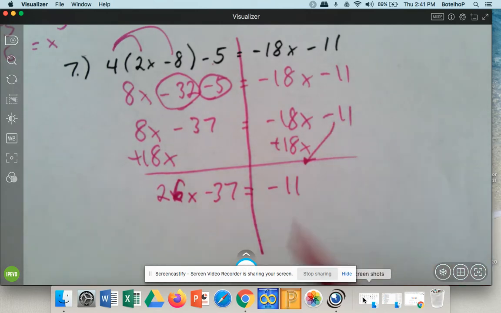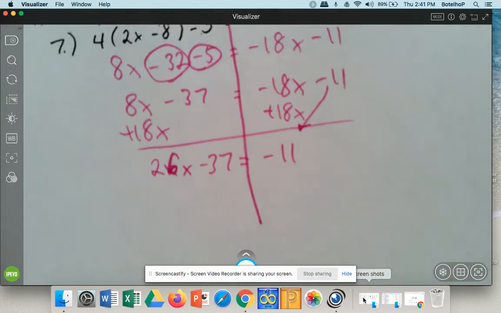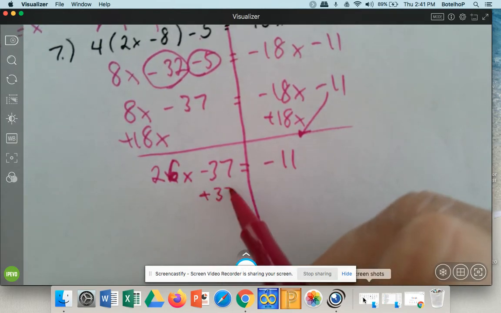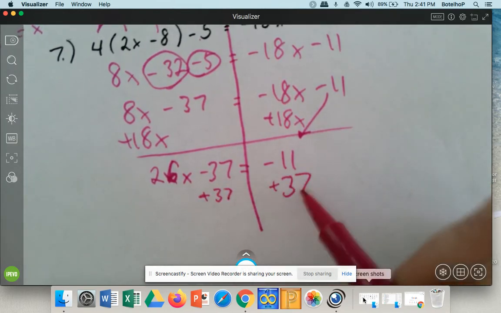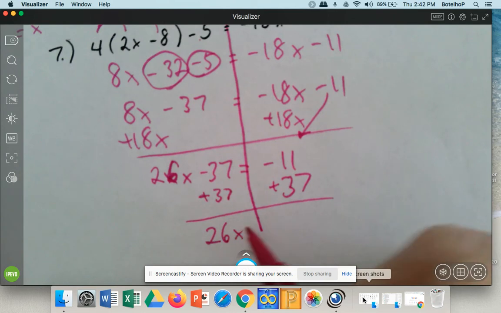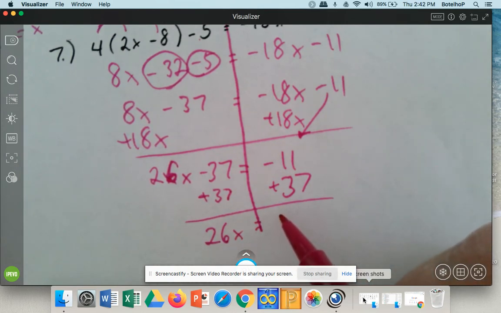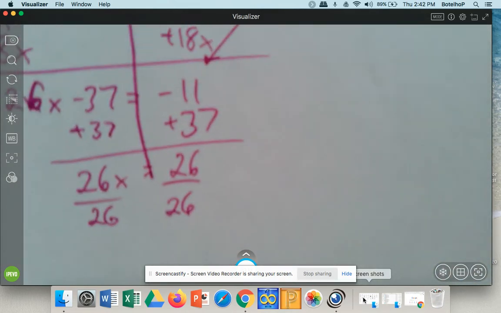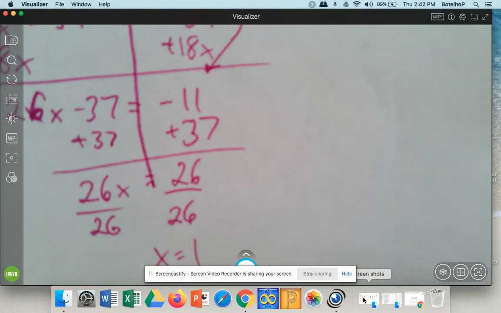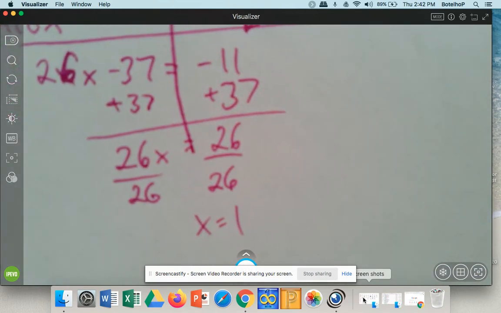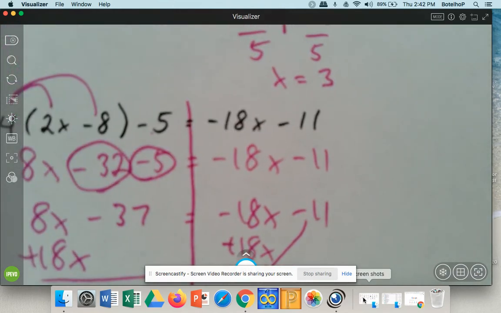You don't want to forget the negative 11. And then from here, add 37, add 37. 26x equals 26. How convenient. Divide by 26. After all that work, that huge equation, you just end up getting that x equals 1. So that's the answer there.